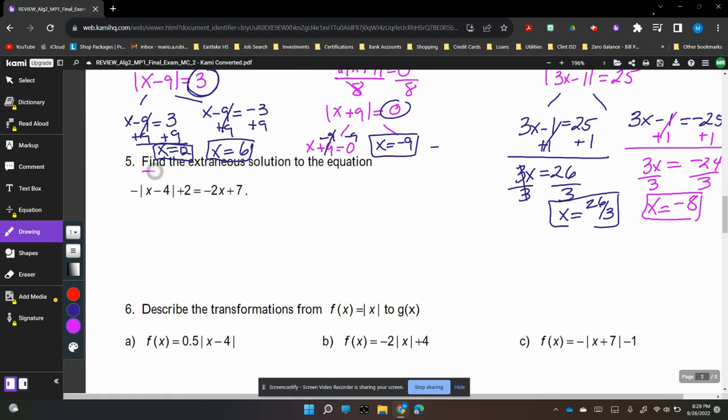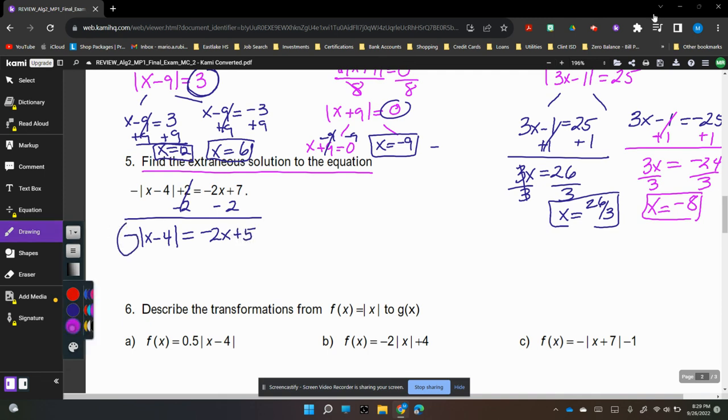Now, to find the extraneous solutions, we do exactly what we did in the other problems. We have to isolate this, so we're going to do the subtraction first. Those cancel. 7 minus 2 is 5. Then we still have to get rid of this guy, okay?